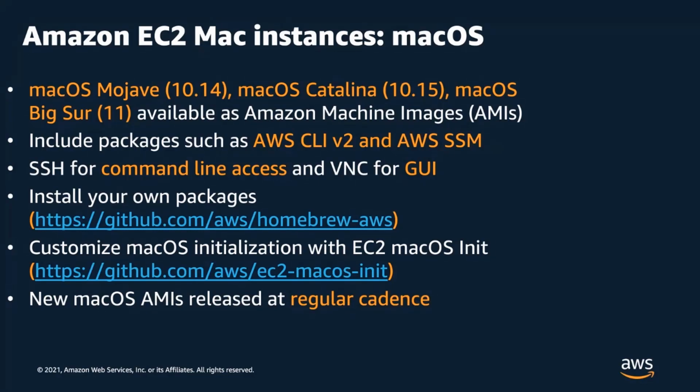Once you spin up an instance and the instance passes all the health checks and it is available, there are a couple of ways you can interact with that environment. First is SSH into the instance, which gives you command line access to the environment. Think of it as opening up a terminal on a physical Mac Mini sitting on your desk.